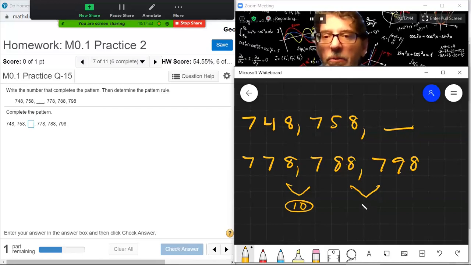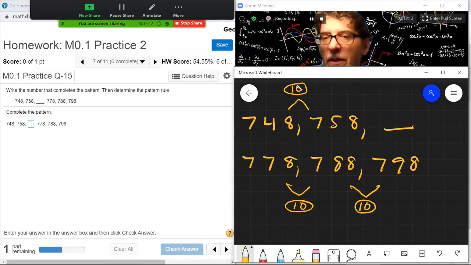The difference is also 10. So 10 seems to be a possibility. Now, we can also do the same thing here. Let's find out what the difference is between 758 and 748. The difference is also 10. So we can be pretty certain that 10 is what we're skipping by.